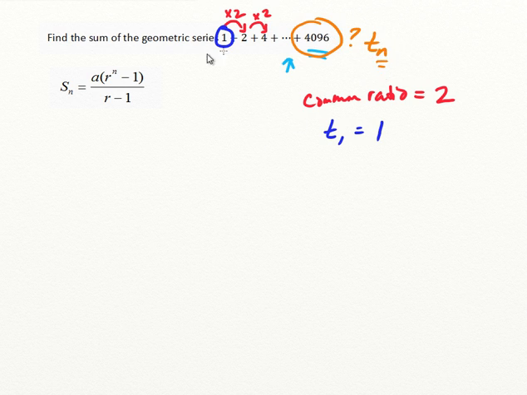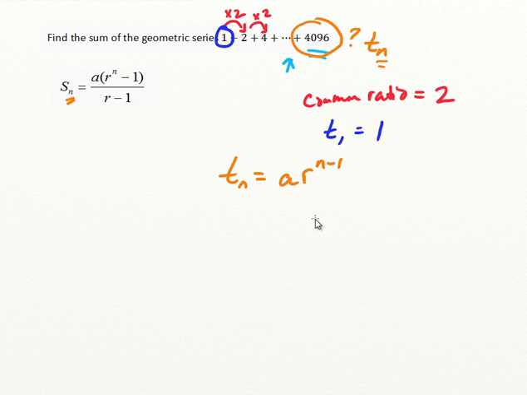I need to know that because in order to find the sum, I need to specify how many terms I'm adding up. So before I can use the sum formula, I'm going to have to solve for the value of n using the general term for a geometric sequence, which is t at n equals a r to the n minus 1.